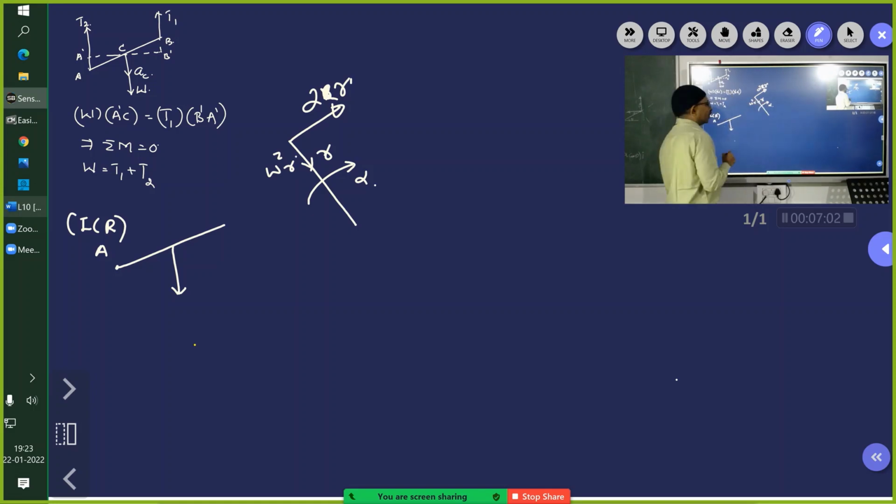So there was centripetal force and tangential force acting. These are the two vectors that are acting.